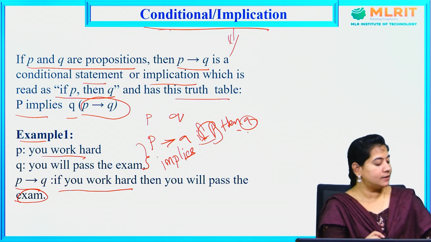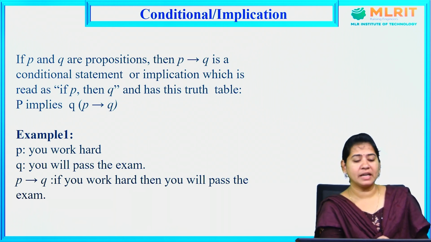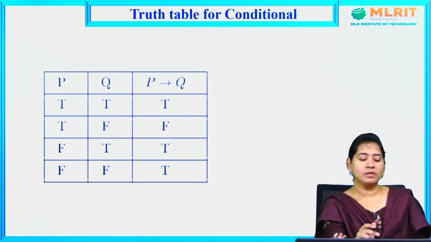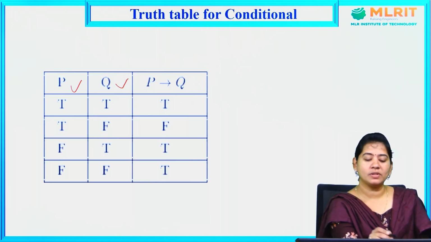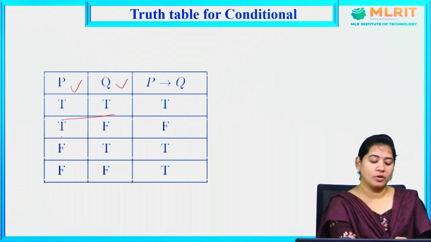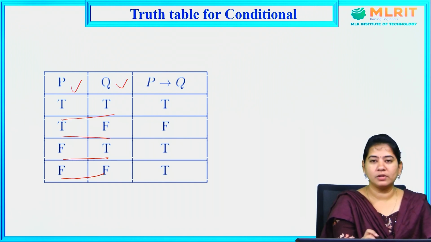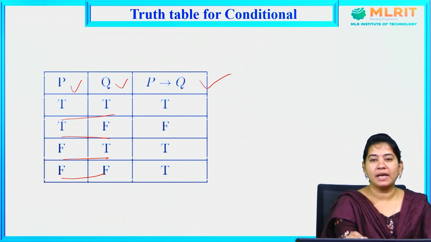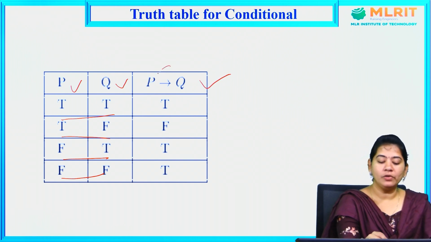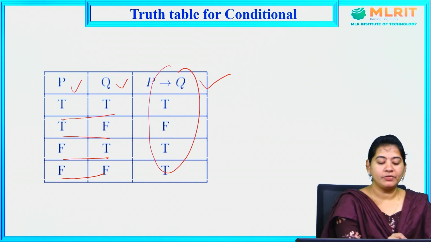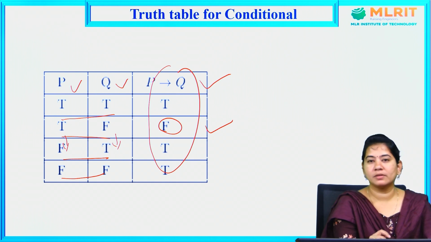Now, what is the truth table for the conditional statement? Again we have the P statement and the Q statement, and the four possible combinations: true true, true false, false true, and false false. Now what is P implies Q? The rule is: if the first statement is true and the second statement is false, the resultant truth value becomes false.